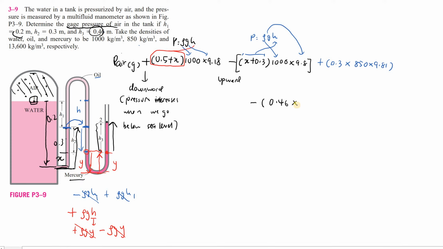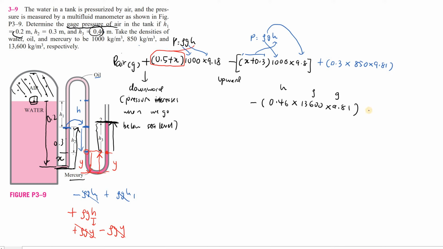So the density of my mercury is 13,600, times 9.81. Again, this is h, this is density, that is g. So I am here now. Have I reached my destination? Yes, because that is my end point.